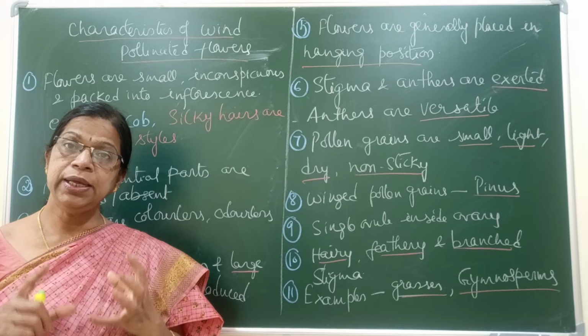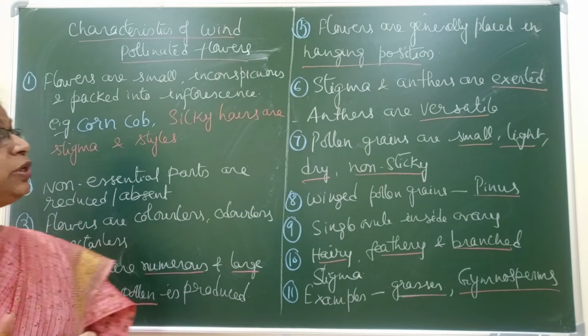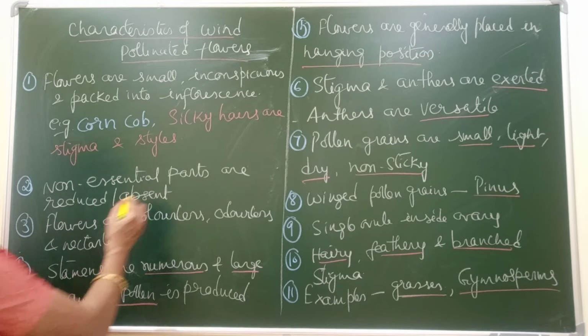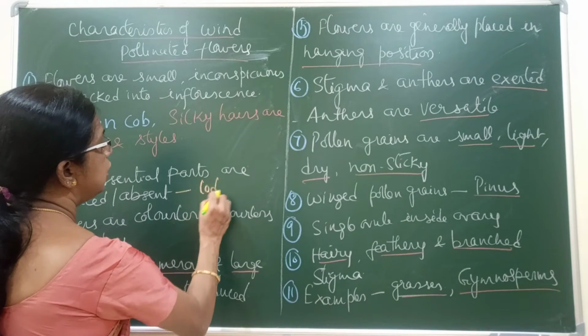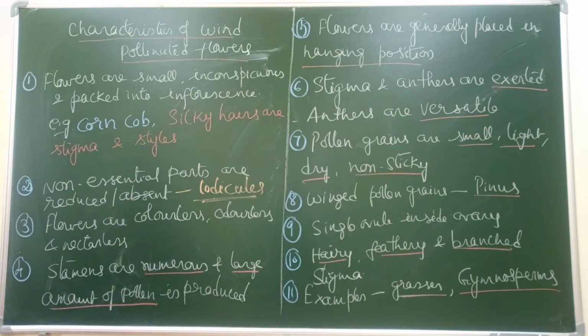The perianth members, calyx and corolla, are reduced to small structures called lodicules.